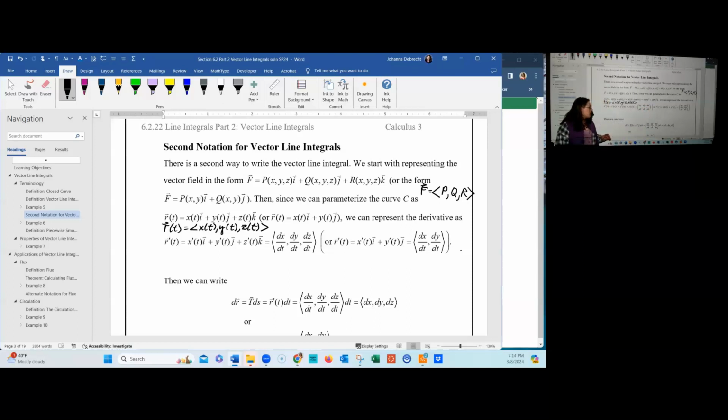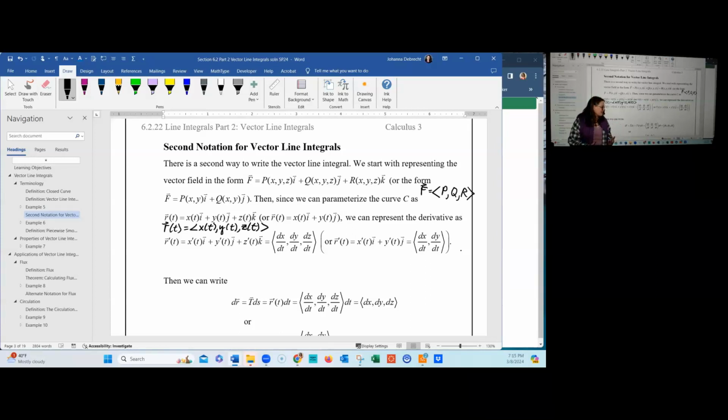If we're thinking about this then, when we rewrite the vector differential dr, as the unit tangent vector with the arc length differential ds, as r prime of t dt, we take r prime of t, which is ⟨dx/dt, dy/dt, dz/dt⟩, and multiply by dt. Well, okay, they're really operations.